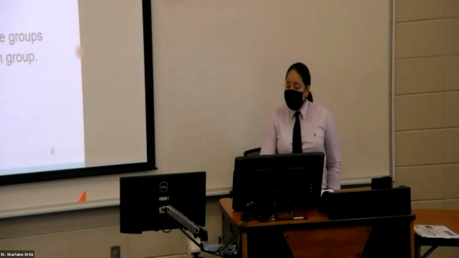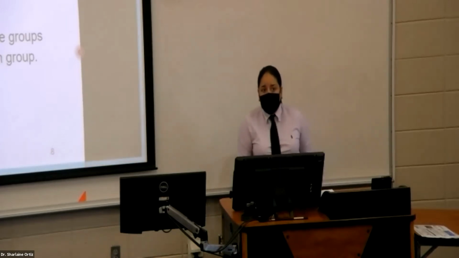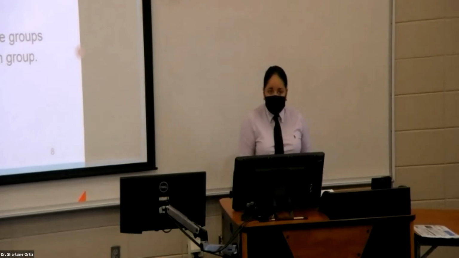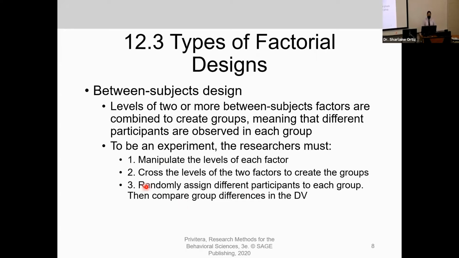Any questions so far about those two requirements and your responsibilities as a researcher? Fantastic. Notice that, as most of you know, and for those watching at home, remember that another important characteristic of the between subjects design in order to be considered an experiment is that we must randomly assign.